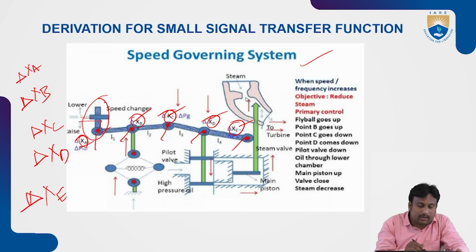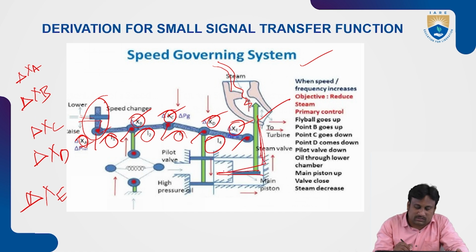The respective blocks with the currents I1, I2, I3, I4 are provided, and the steam flow is going to be controlled here by the piston valve. The main piston will make the control over this operation. That means the pilot valve is connected at the point XD. Here high pressure oil is supplied at this block.